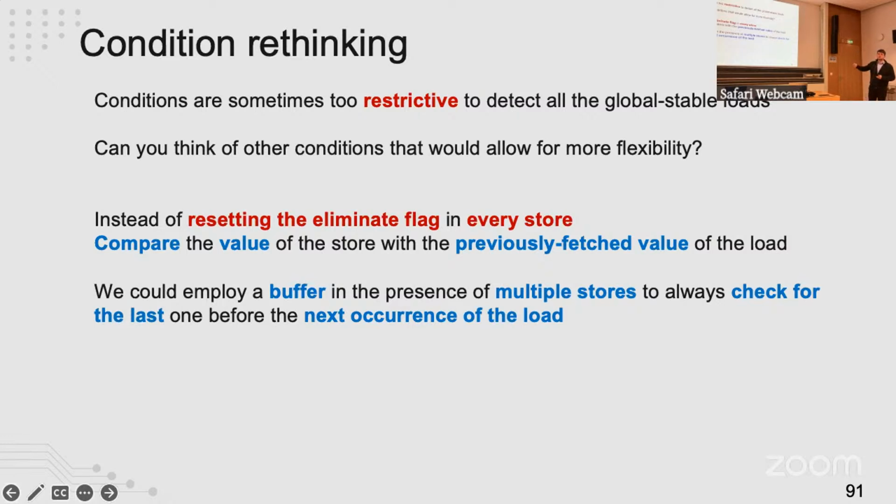If we have multiple stores, we could have a buffer to always check for the last one before the next occurrence of the load. And that way we can identify if there's a silent store, and if it is, then continue to eliminate the second instance of that load.